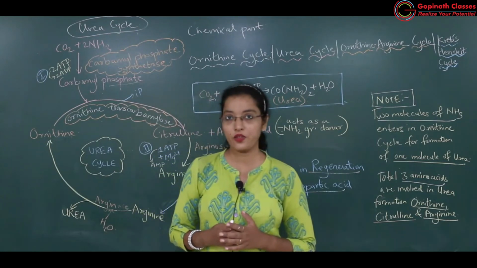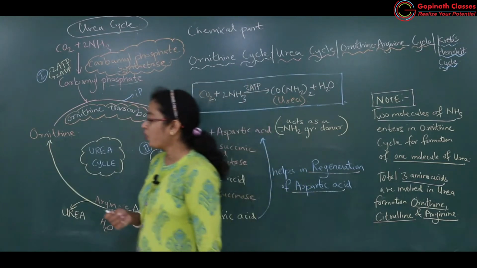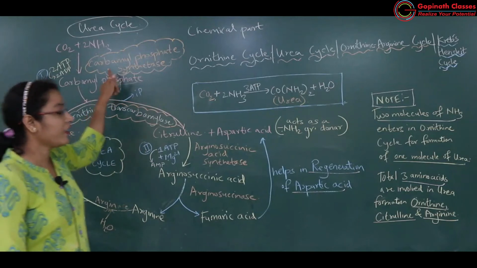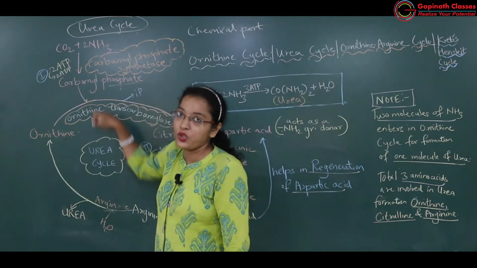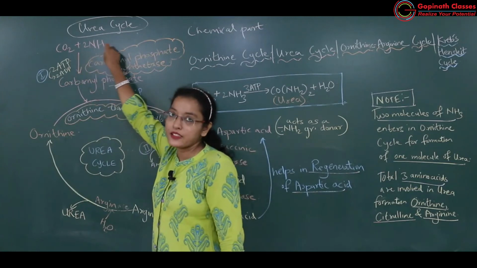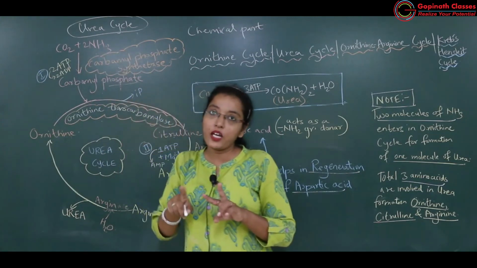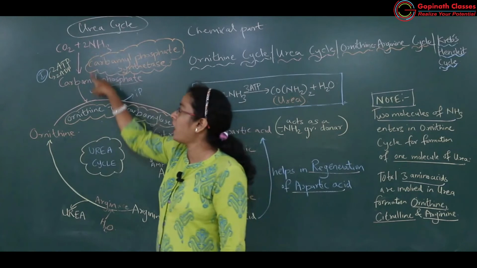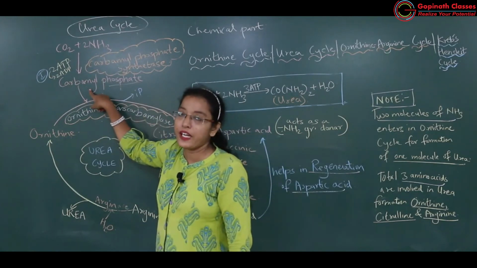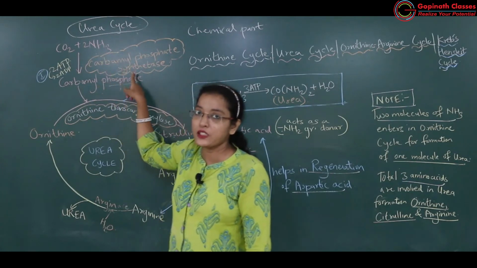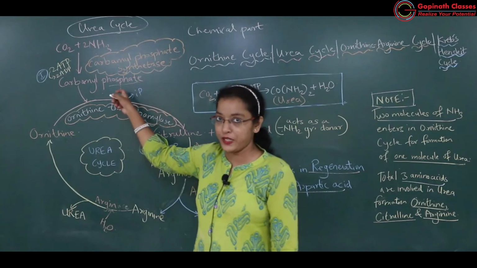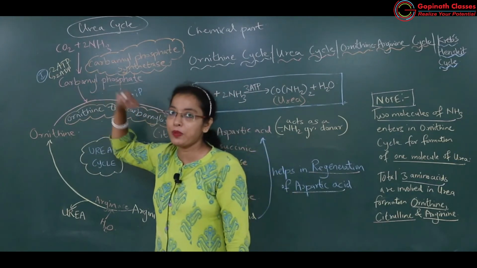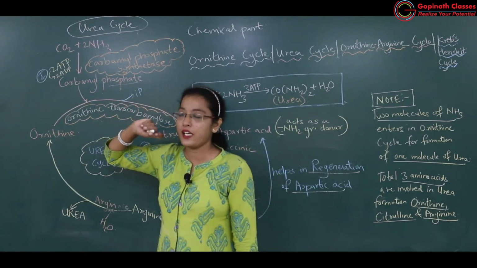liver cells. Okay. So, let's quickly revise this again. Urea which is there, how it is formed? Due to reaction between carbon dioxide and ammonia. These carbon dioxide and ammonia will react with one another in presence of enzyme carbamyl phosphate synthetase, and likewise there will be formation of carbamyl phosphate, and in this process 2 ATP molecules will be utilized.